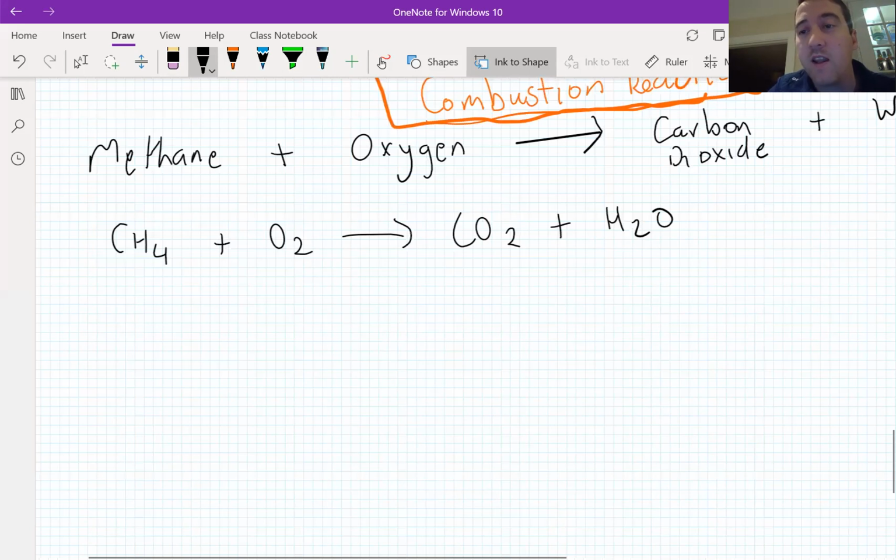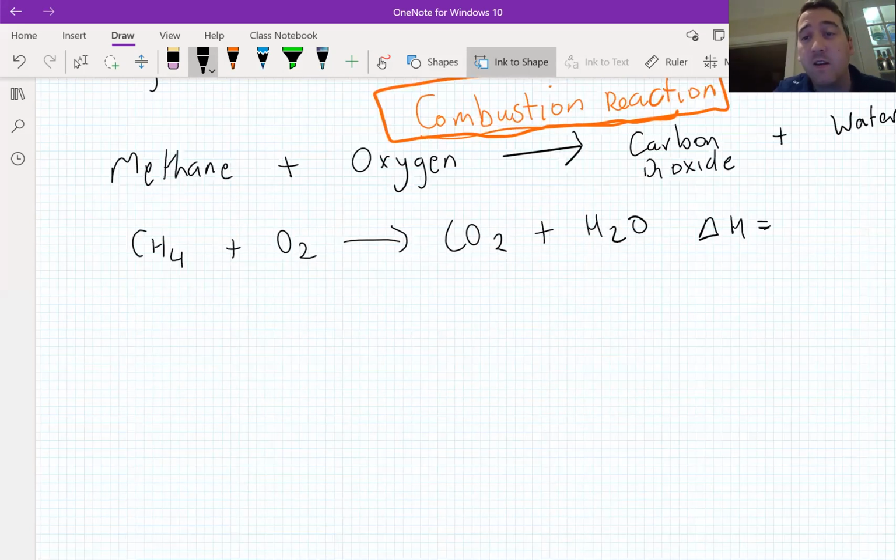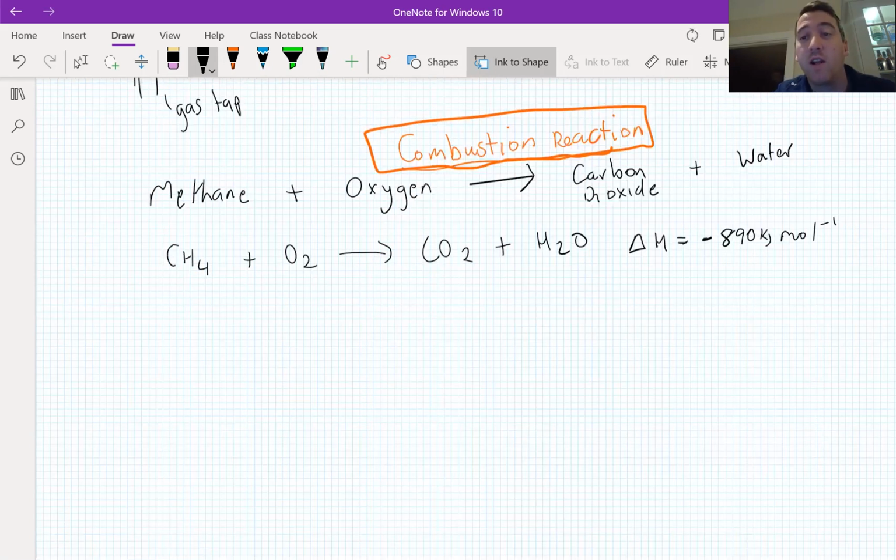What does negative delta H mean? Speak your answer to the screen on 3. 1, 2, 3. It means that the reaction is exothermic, which makes sense because we use them to heat things up. When they burn, they release heat to the surroundings, and that allows their surroundings to be heated up. And it has quite a high number when we burn methane, 890 kilojoules per mole. That's why they're useful, because they release a lot of energy.